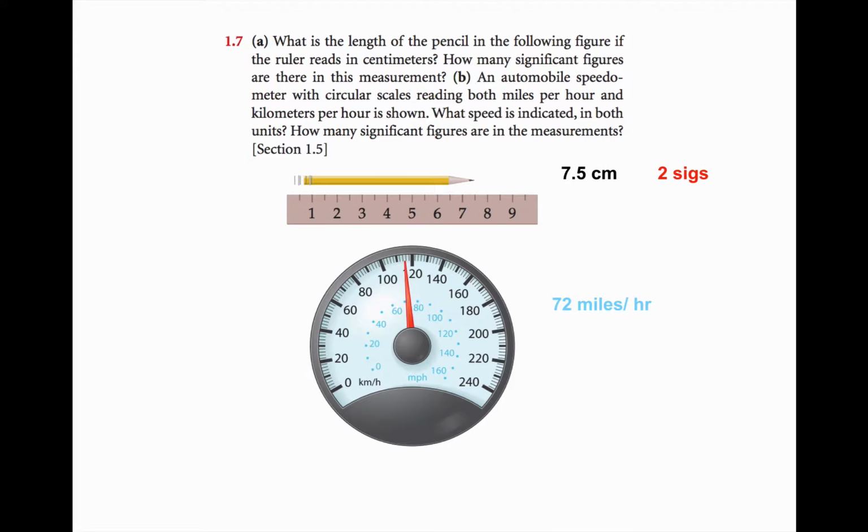I can make estimations in between each of the kilometer per hour measurements. I'm past the 100 and not quite to the 120, so I'm at 110. I guess every one of those hashes represents an increase of 2 kilometers per hour.